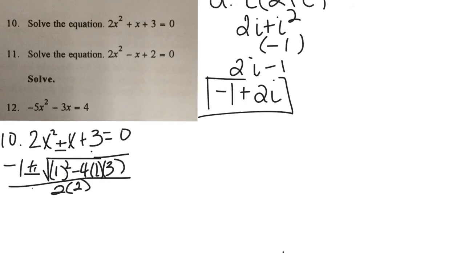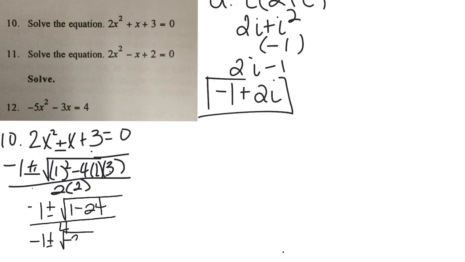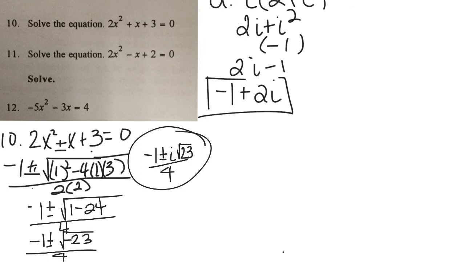So I get negative 1 plus or minus the square root of 1 minus 4 times 2 is 8 times 3 is 24, over 4. Negative 1 plus or minus the square root of negative 23 over 4, which is negative 1 plus or minus i square root 23 over 4, and that's my final answer.